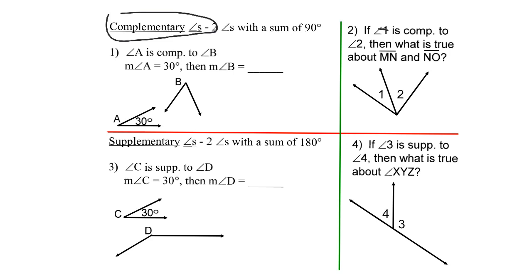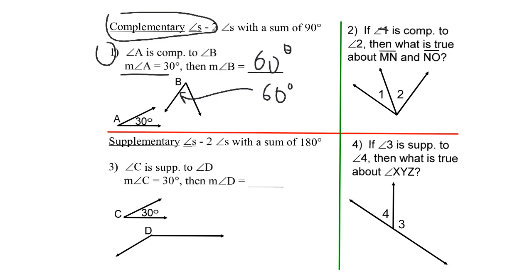In other words, two angles that add up to 90 degrees. Example number one: angle A is complementary to angle B. If the measure of angle A is 30, then the measure of angle B will be 60 degrees, because 30 plus 60 equals 90.